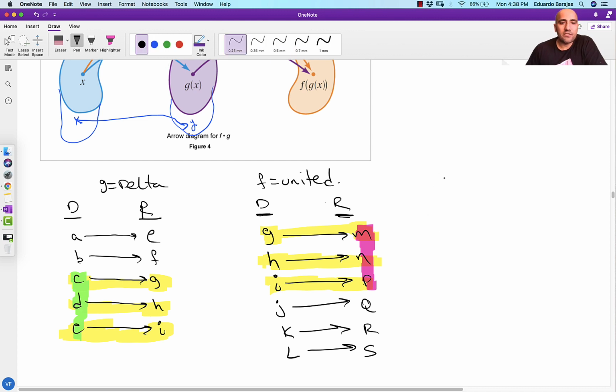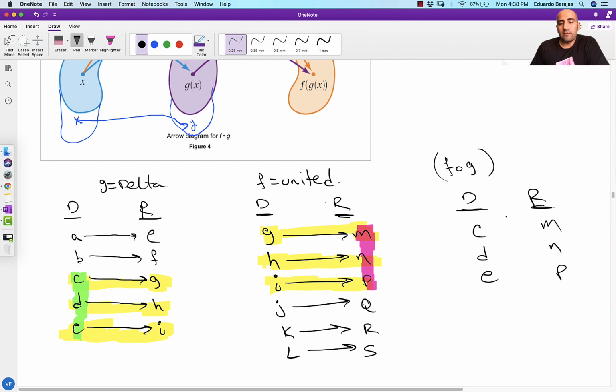So I'll write that down. If I have my composition function F composed with G, as a function it's its own little function, it's got its own domain, it's got its own range, and so the only ones we're going to include are these, C, D, E, and M, N, P, right?